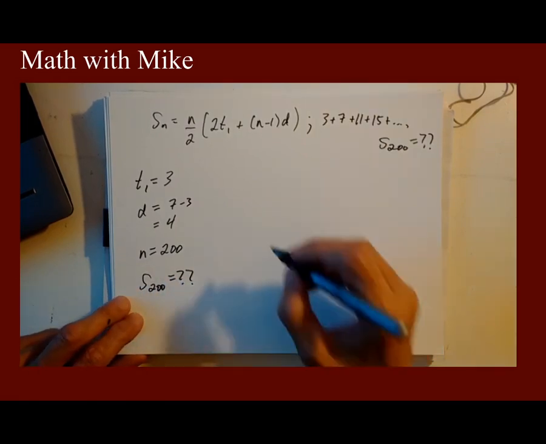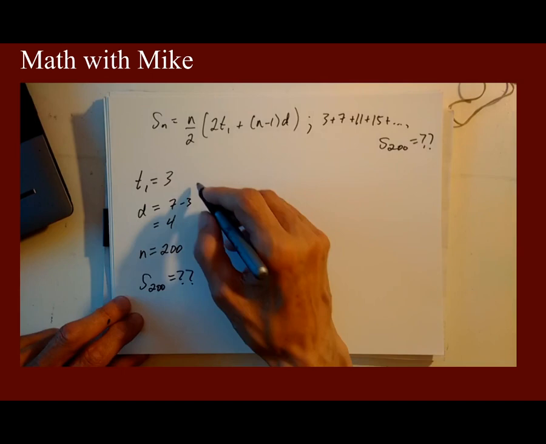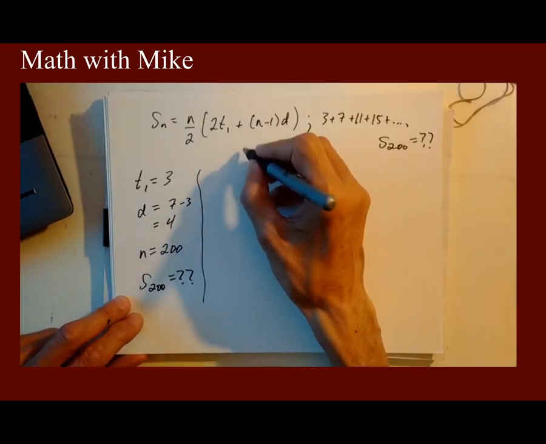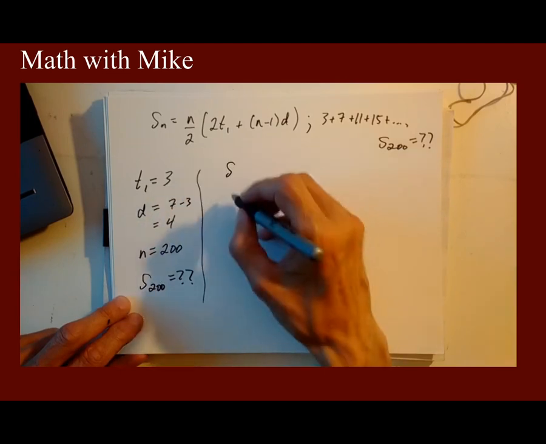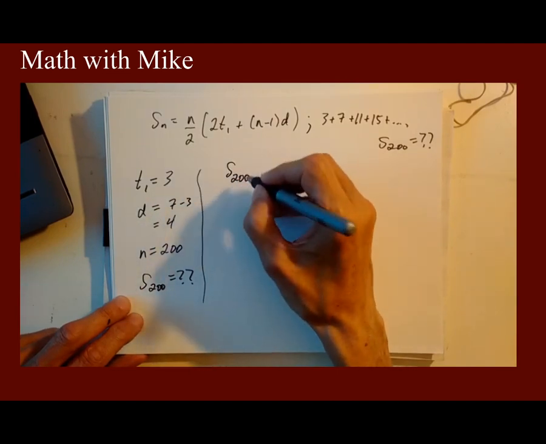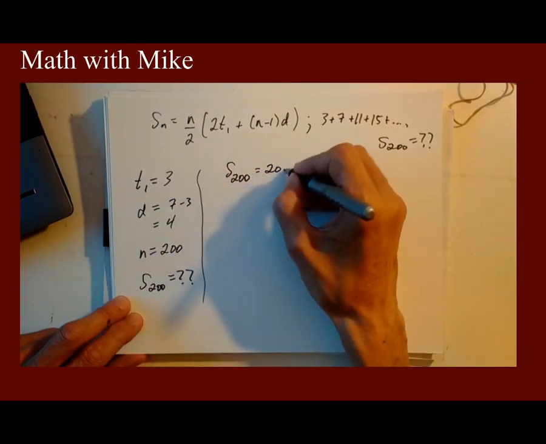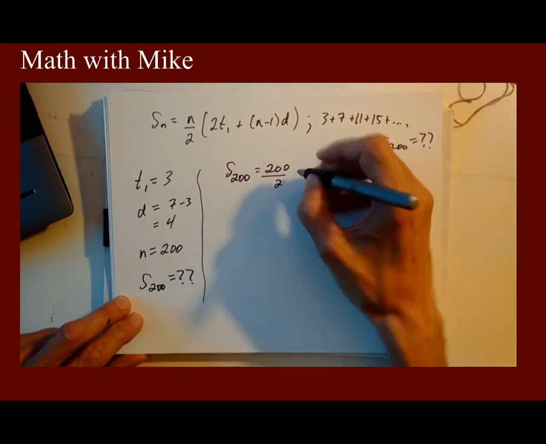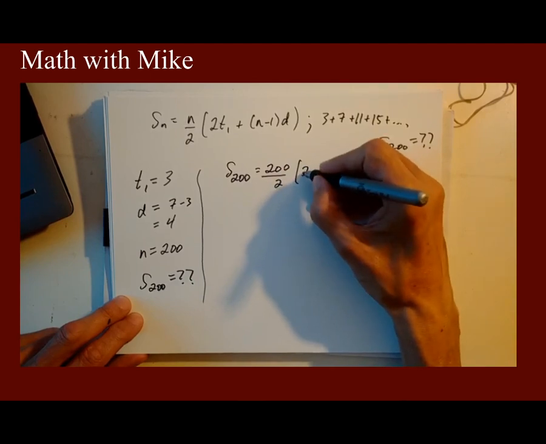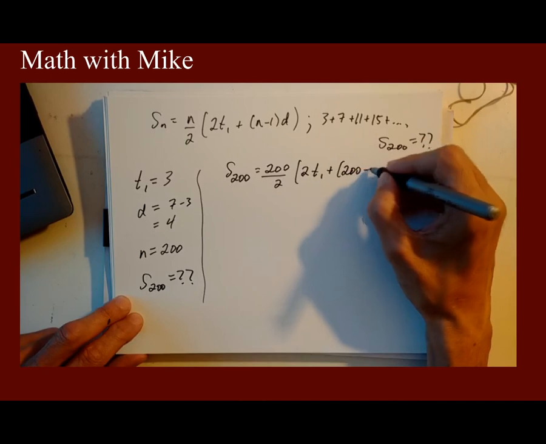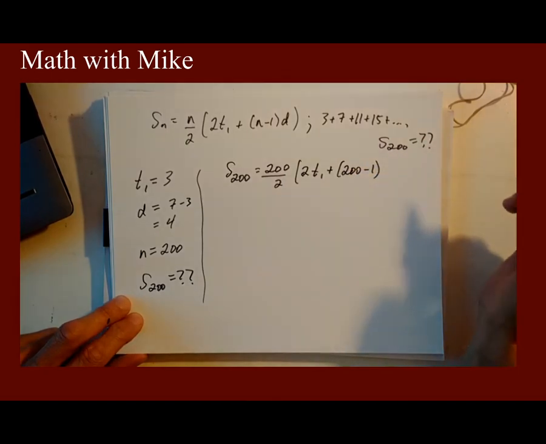So here we go, good people. I'm just going to take it from the formula we have here. Replacing n creates 200 over 2, times 2 times t1, plus 200 minus 1, times d.